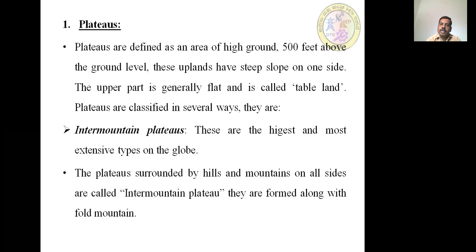These are the highest and most extensive types on the globe. As the name itself indicates, plateaus surrounded by hills and mountains on all sides are called intermountain plateaus. They are formed along with the fold mountains.